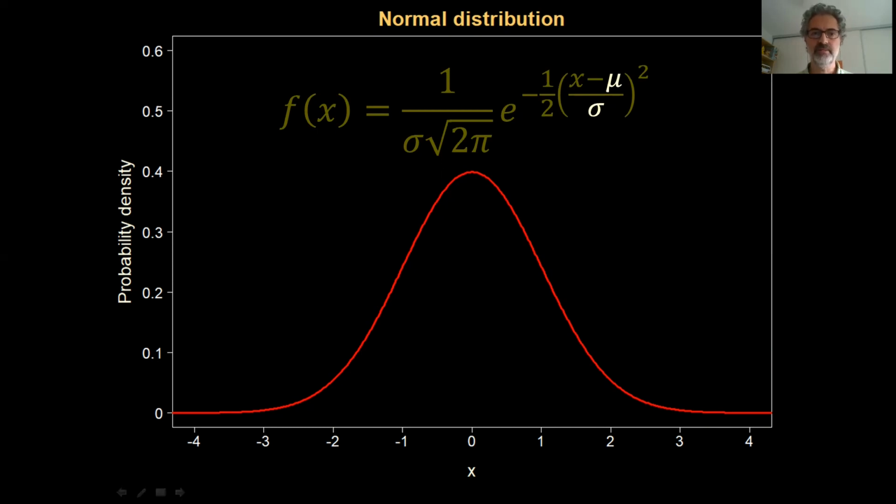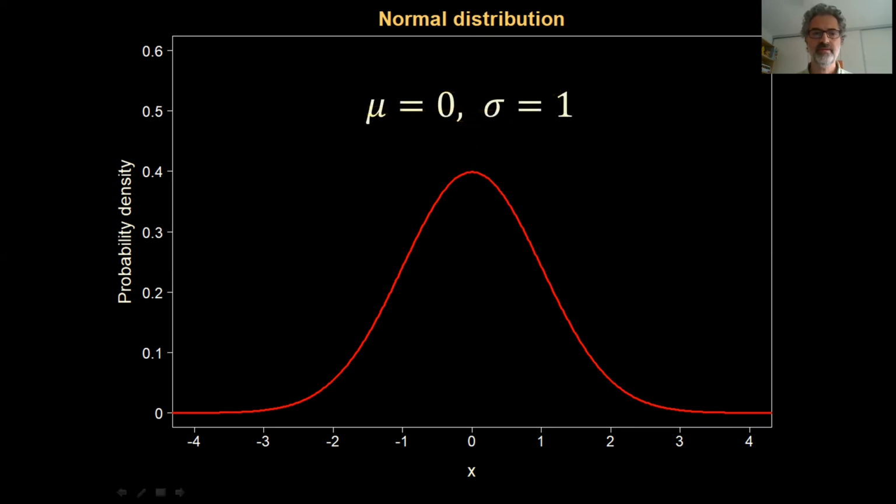It's no coincidence that these symbols are there. This particular curve is the one that we obtain for the values of mu equals 0 and sigma equals 1. And if you recall from our indices of central tendency and dispersion, we use this letter to refer to the mean of a population, and this letter for referring to the standard deviation of a population.